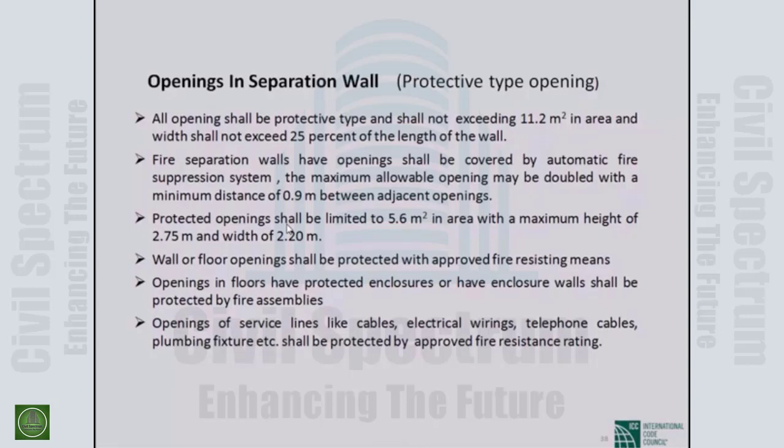So by this way you can protect the floor, the ceiling, or the different floors vertically. So if you have some opening in the vertical direction through the floor or around the floor, you have to make enclosure walls by fire assemblies.